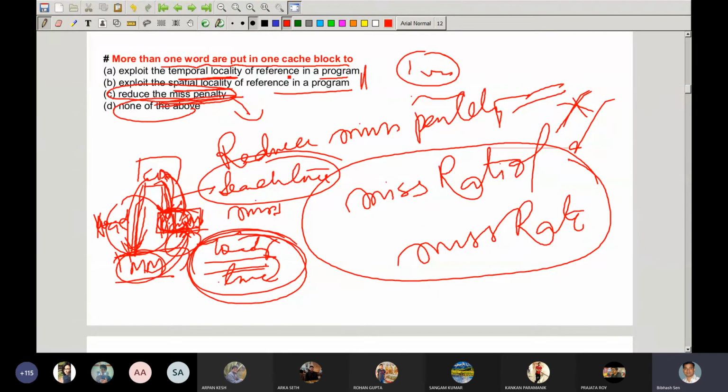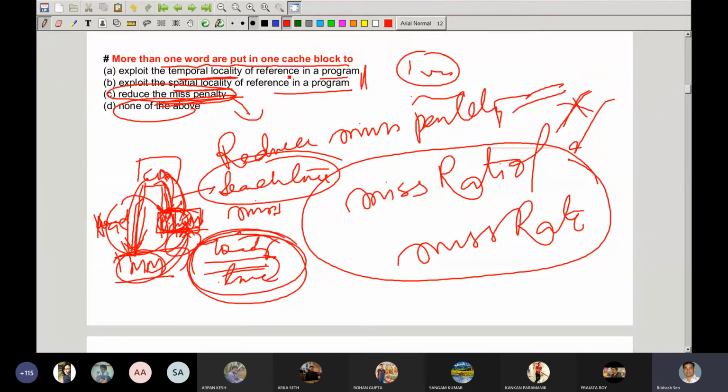So the miss penalty is the total time spent searching the page in the cache plus the additional time required to load the page into the cache due to the miss. Understood?